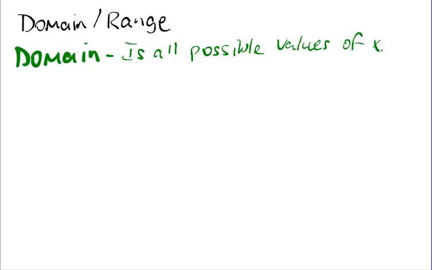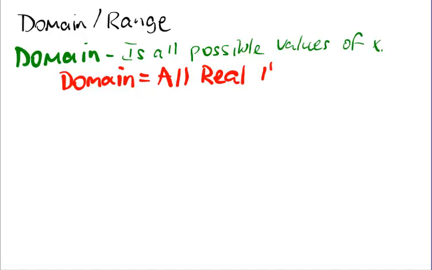Now, the domain is equal to all real numbers, and the other thing that we're going to look at is what's called interval notation. So interval notation for all real numbers looks like this: all the possible numbers starting at negative infinity and stopping at positive infinity.